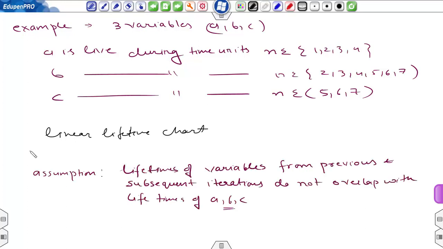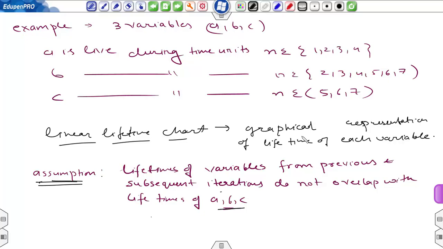So we also have to ensure that the lifetimes of variables from previous and subsequent iterations do not overlap with the lifetimes of A, B, C. Okay, this is the assumption that we have made to calculate the live variables, and we will be using the linear lifetime chart technique.